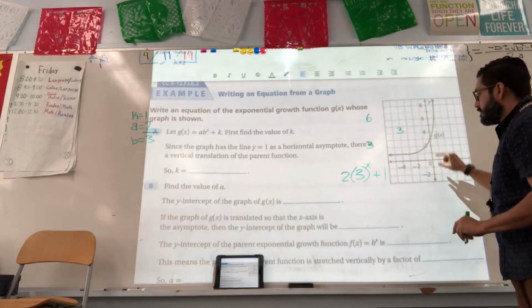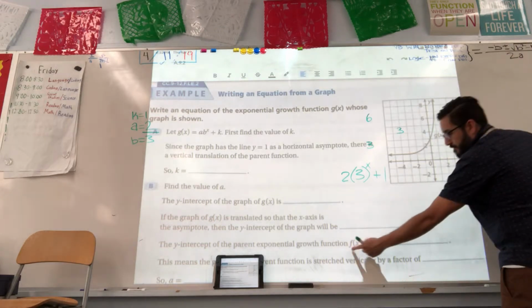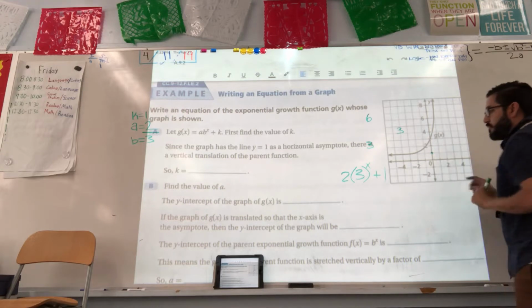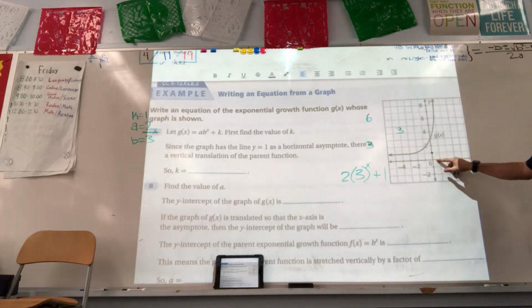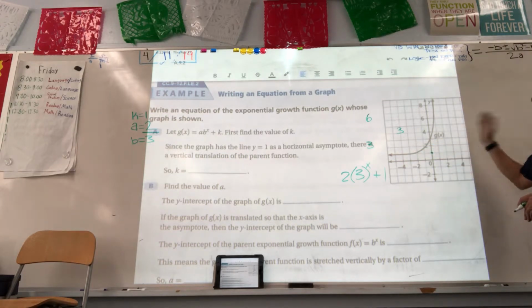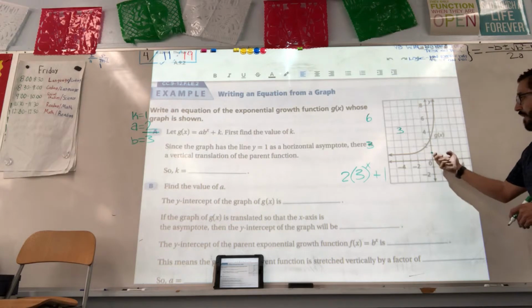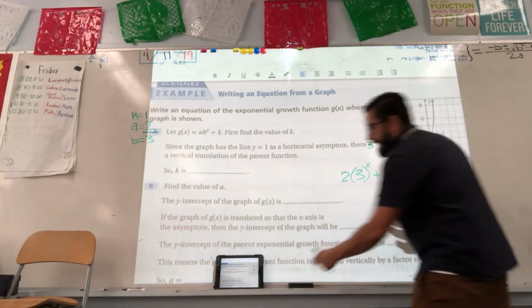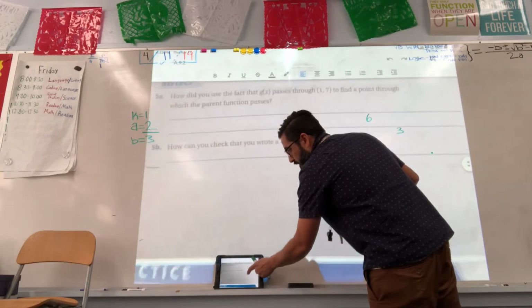Then, knowing that in a function like this, b to the x is going to pass through (0, 1), if your y-intercept is not (0, 1) after you translate it back down to its original place, you just need to know what you are multiplying 1 by in order to get that new y-intercept. It's that simple. Okay, I'm going to erase everything.